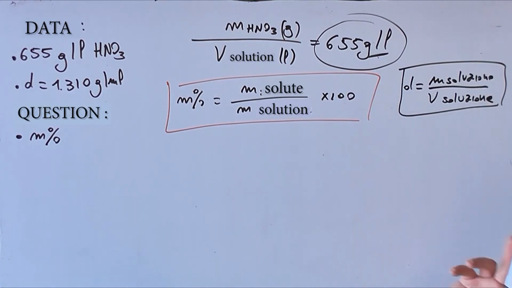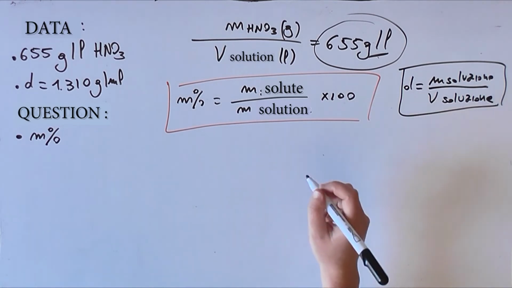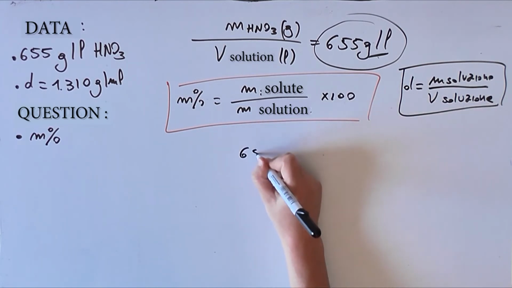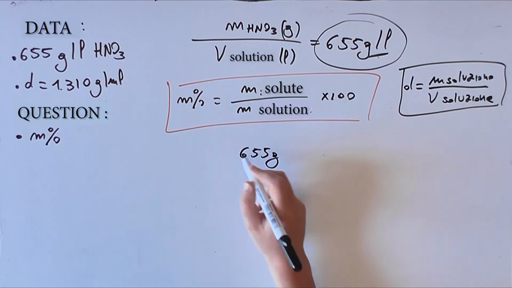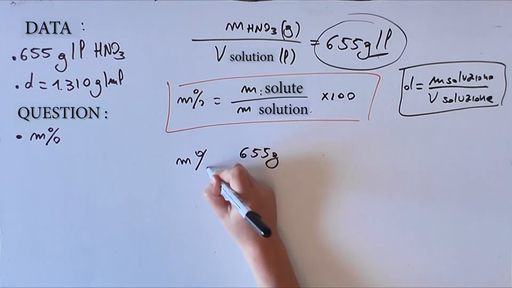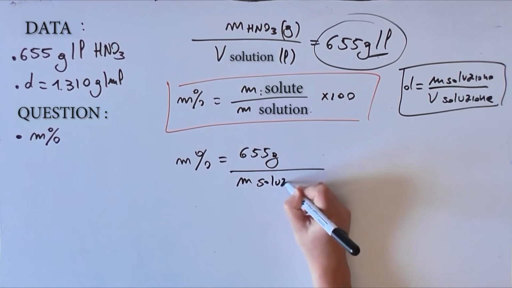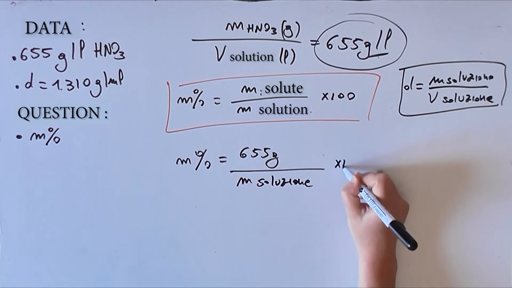So it's of course right. So in the end, I know the mass of solute. The mass of solute is 6.55. So I can write it in the percentage by mass definition, divided by the mass of solution times 100.